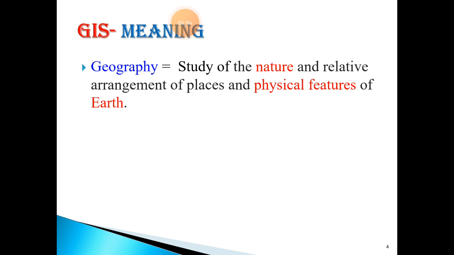Fine students. Geographic Information System, or GIS, can be divided into two parts. First is geography and the second is information system.